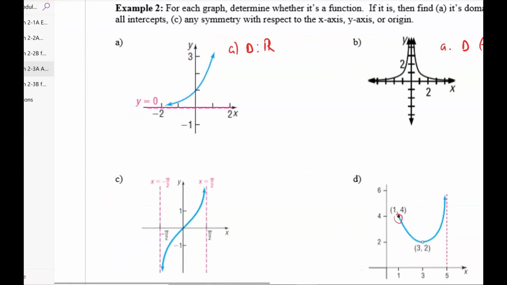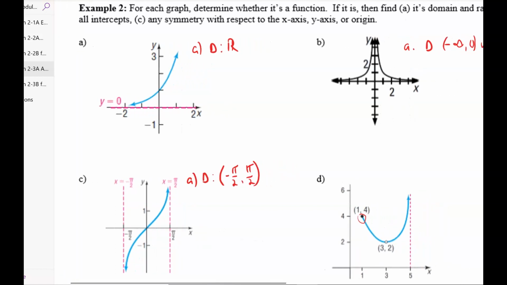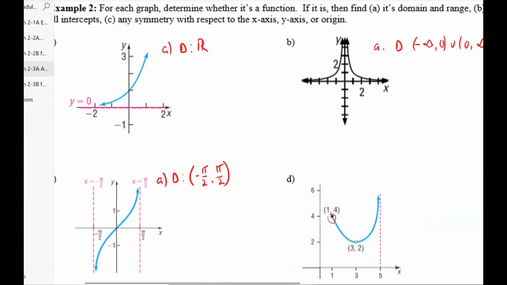From here, it looks like the domain is just negative pi over 2 to pi over 2, and not including those endpoints because there's asymptotes there. And here, the domain starts at 1 and it ends, but does not include 5. So for this one, the domain is going to be 1 to 5, not including the 5 because there's an asymptote, and including the 1.